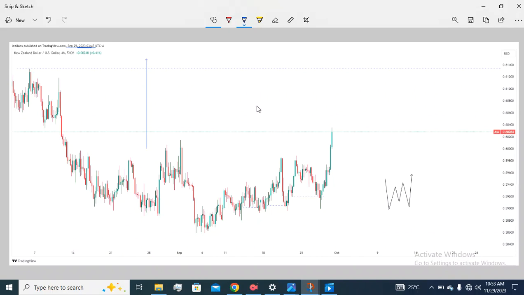First things first, because I'm teaching, I'm going to draw the model first. This is the model. This one here is the model.